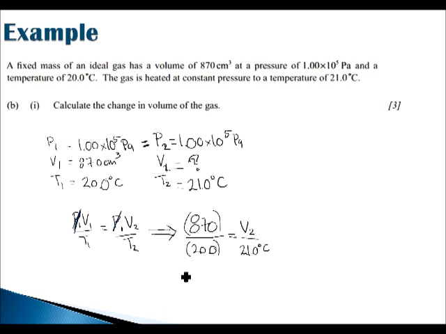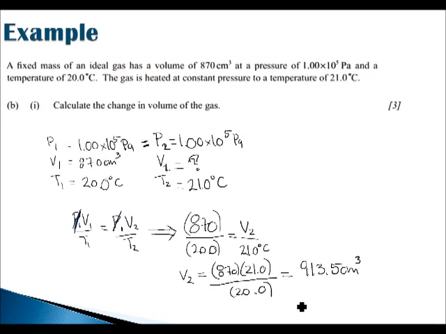Isolating, so multiply both sides by 21 degrees Celsius, we get V2 is 870 times 21.0 over 20.0, and that gives us a final answer of 913.5 centimeters cubed.